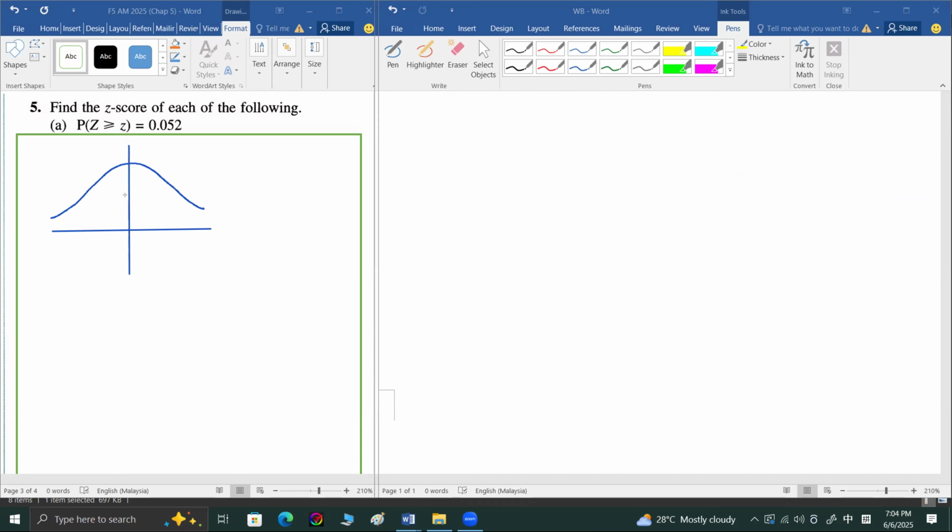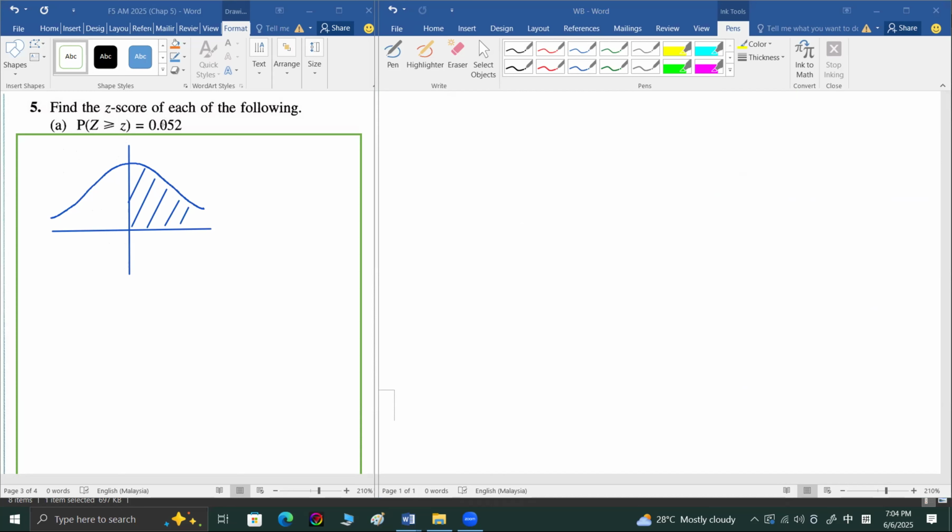The area of the whole bell is 1. Then here, 0.5. If I give the probability here is 0.5, you sketch here. Exactly 0.5, so the Z here is 0.